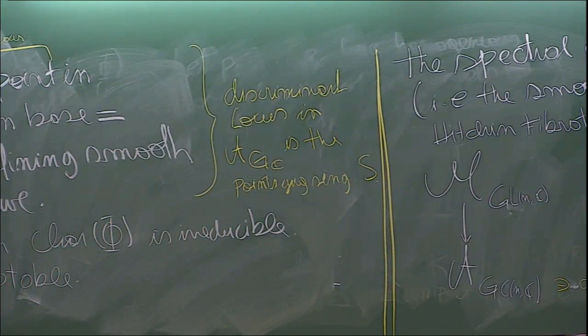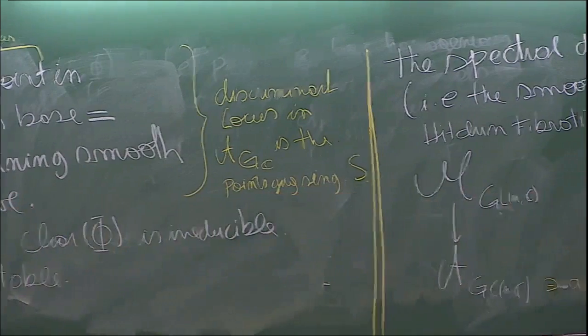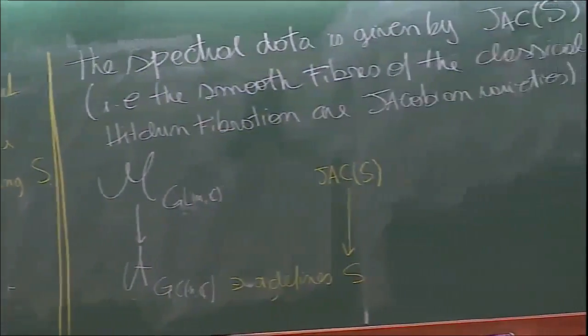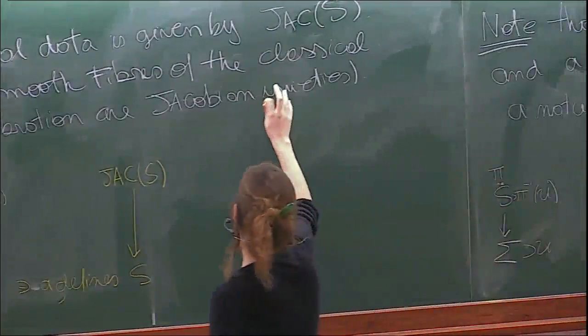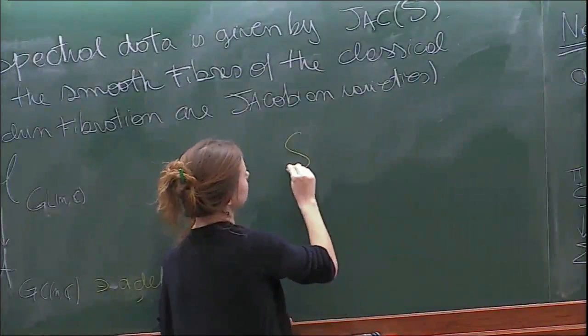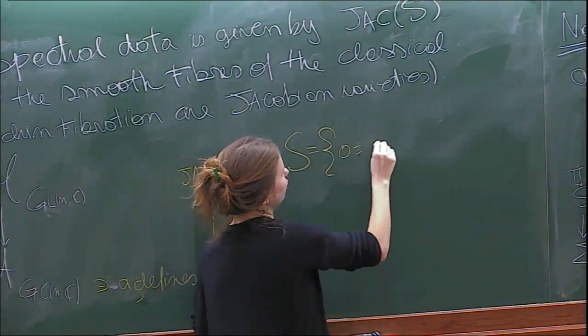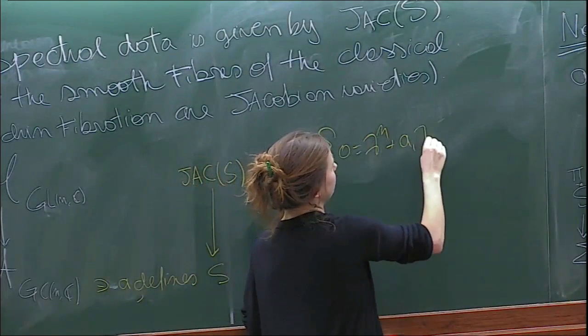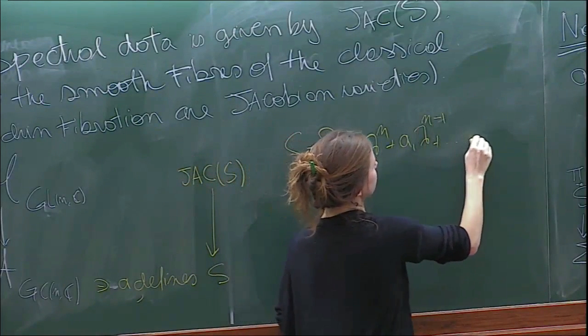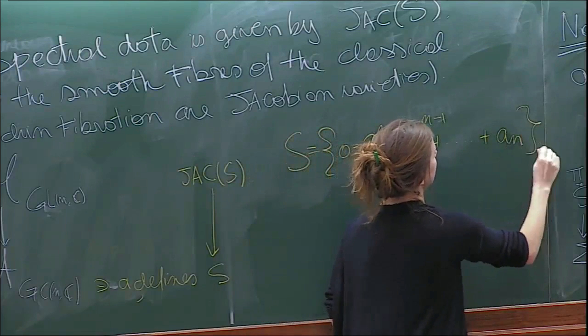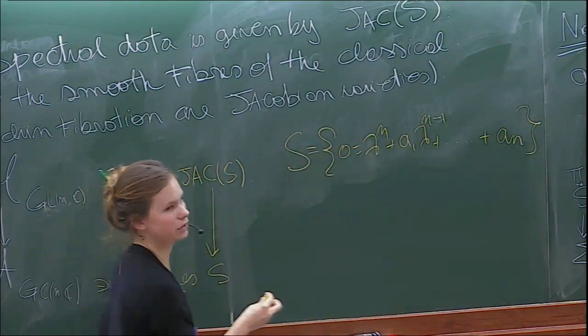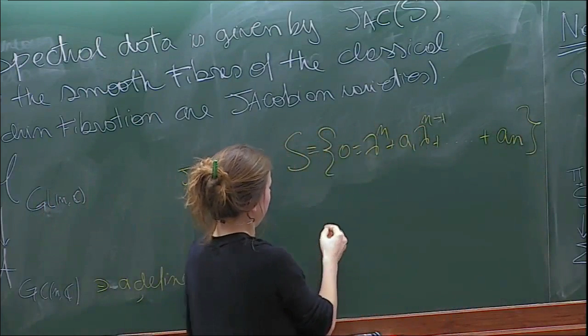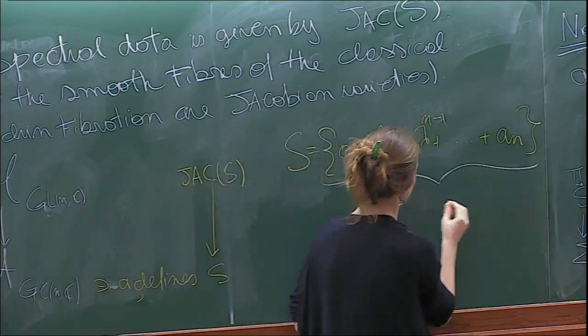You can use different methods to show that a generic curve is smooth or not. In this case, it was the Jacobian of S, where S was the zero set of a polynomial lambda to the n plus a1 lambda to the n minus 1 plus ... plus an. You look at this as a linear system, and I would suggest going back to BNR to see how it works.